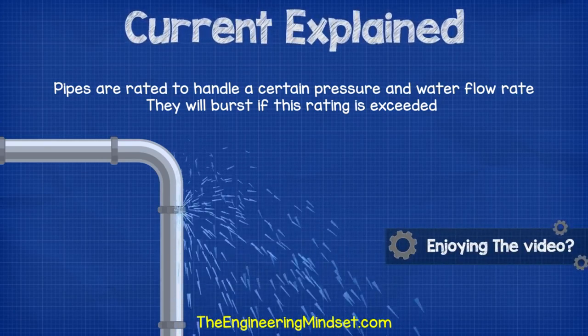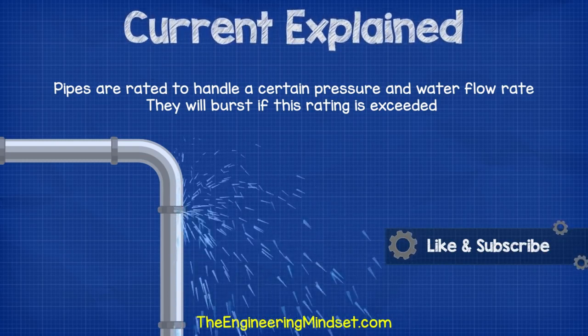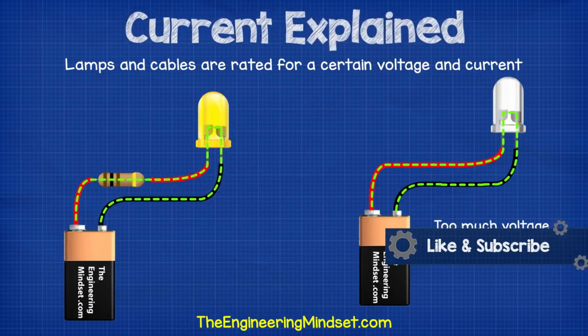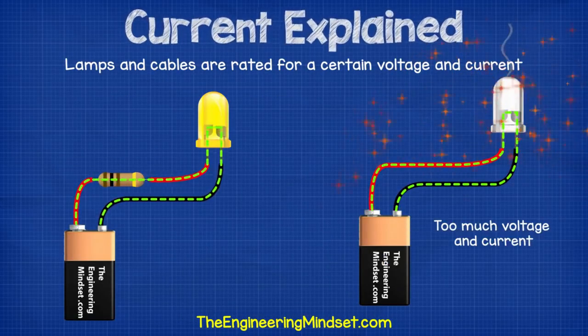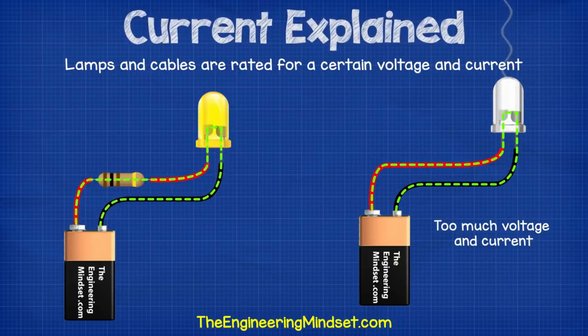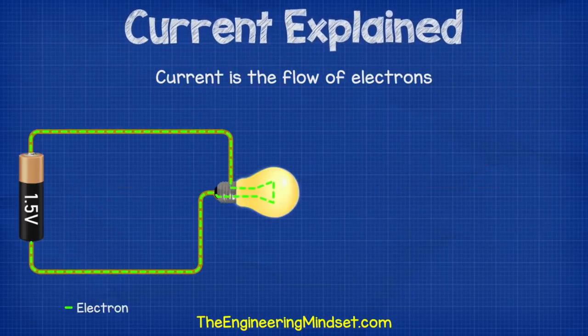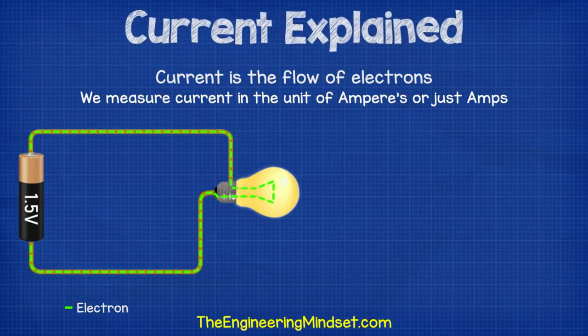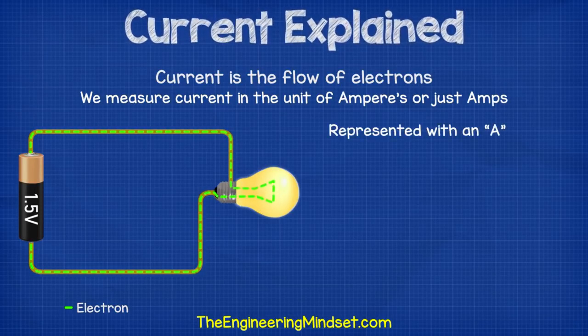If it exceeds this, if it is greater than this, then the pipe will burst. Likewise, if too many electrons pass through the cable or the lamp, then they will just burn out the cable. We refer to the flow of electrons as current, and we measure this in the unit of amperes, although you usually use just amps.